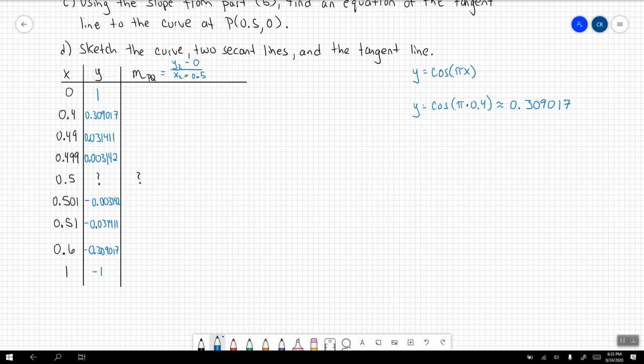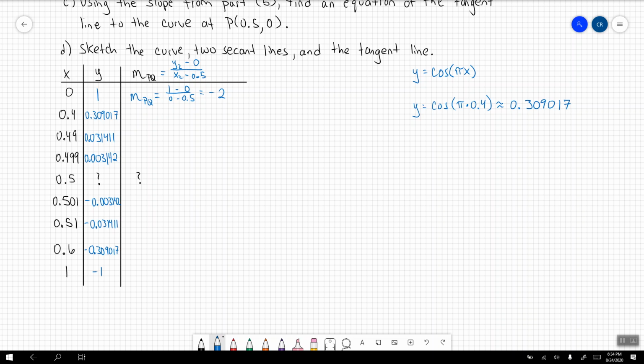So all we really need now is to start making these substitutions. The first set of values, x is 0, y is 1, we make the substitutions here. Which means that in order to find this slope from P to Q, we need to make the substitution y is 1, we keep everything else the same, x2 is 0, and we keep everything else the same. Check that out. When we simplify, then we get -2.